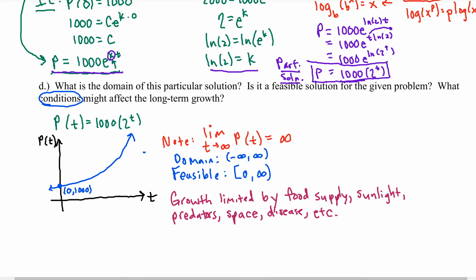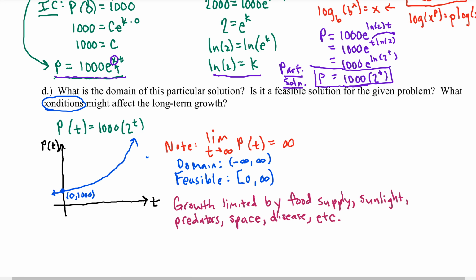Therefore, we might say that a reasonable domain to consider would be something like 0 to a finite value. That is, this bacteria might begin growing exponentially over time, but then according to the presence of those conditions that we discussed, its growth is terminated or leveled out for some particular reason.